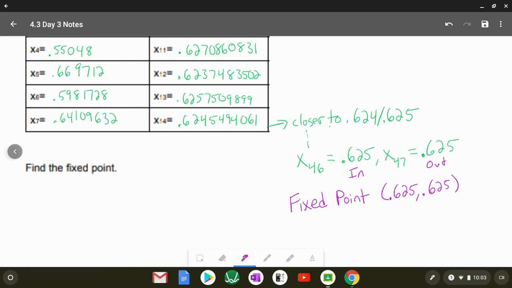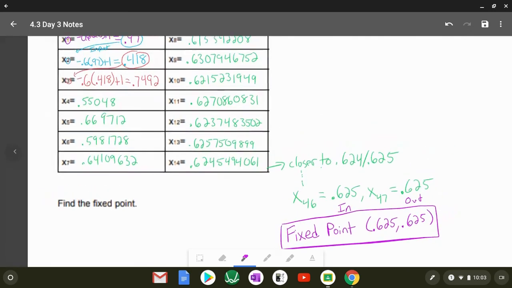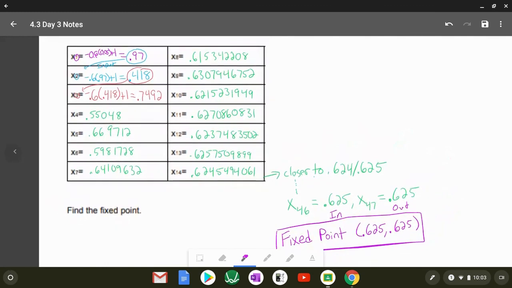Okay, so that's all iterations is: using the previous output as the new input and continuing that pattern. And in cases where there is a fixed point, the iterations can help lead you to that fixed point. All right? So go ahead and try the homework for tonight, and good luck.